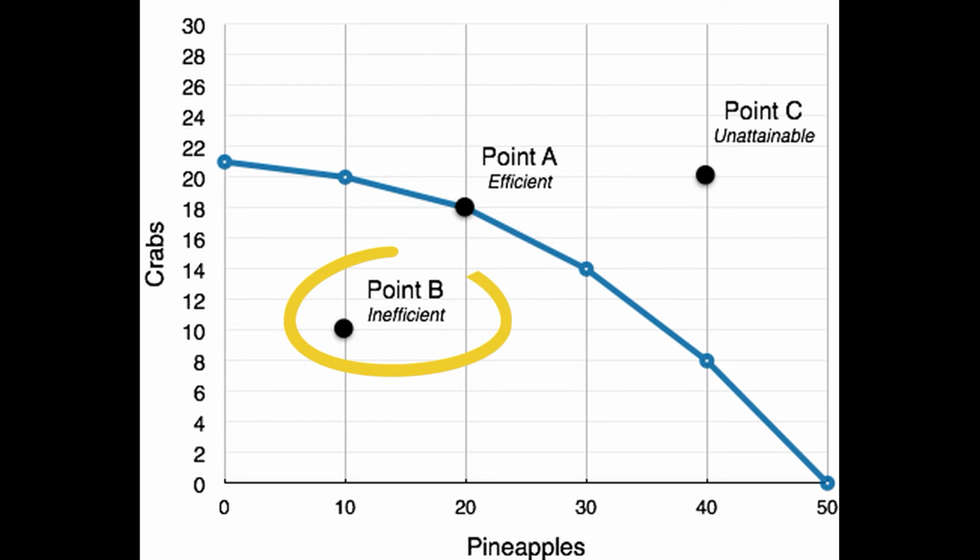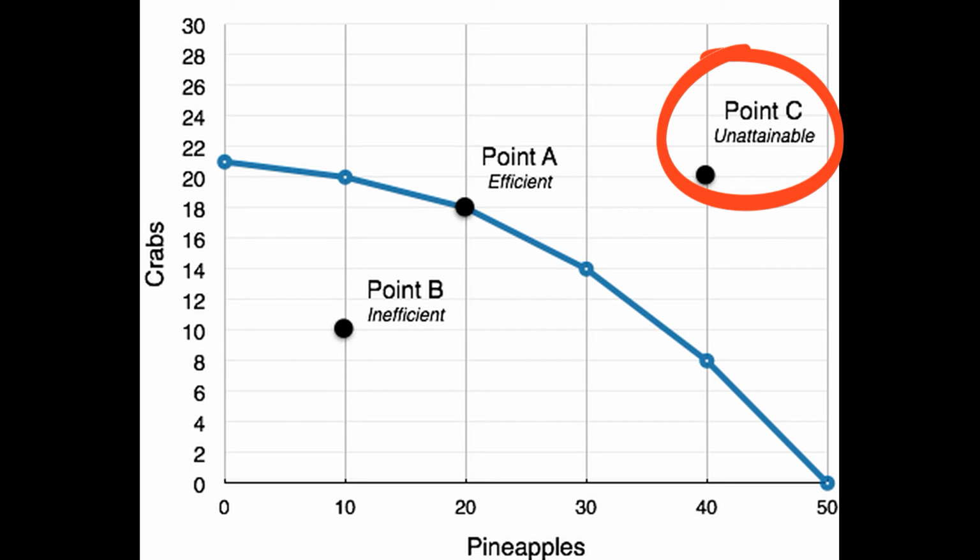When a business is not producing on that line or is inside of the curve, this is considered inefficient. A point that is located outside that curved line is considered an impossibility. One of the only ways to reach that point is to gain new technology that will completely shift the whole production possibilities curve to the right.